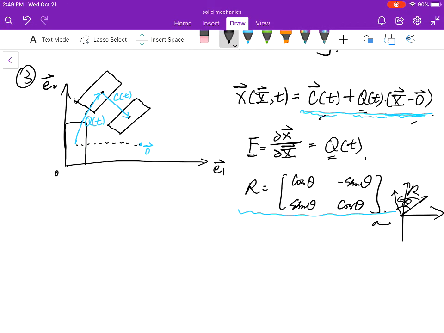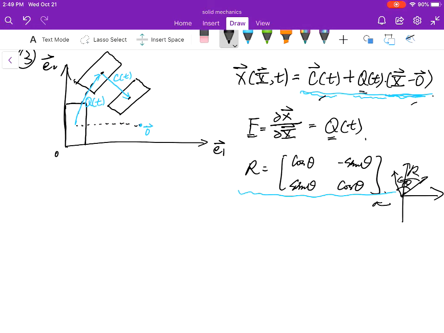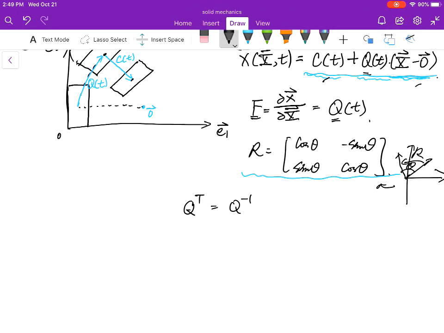And here, recall the relation for the rotation tensor: if Q is a rotation tensor, then the transpose of Q equals the inverse of Q. That's one property of the rotation tensor. So if that's the case, that means Q transpose times Q equals the identity tensor.